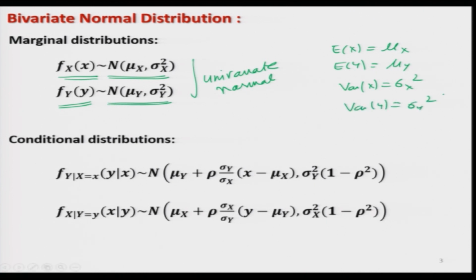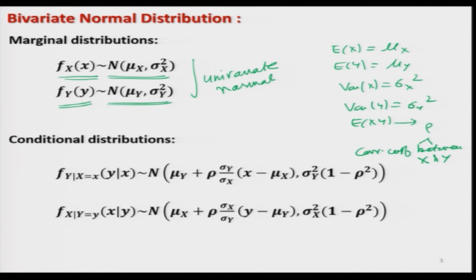And if you try to find out the correlation coefficient, and you know how to compute it, you will have to compute different types of expectation, including the expected value of xy, and then using those you can say that this rho will come out to be the correlation coefficient between x and y. That algebra I am not showing you here, but I am simply informing you of the result.